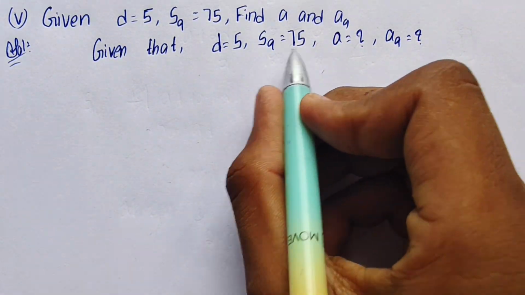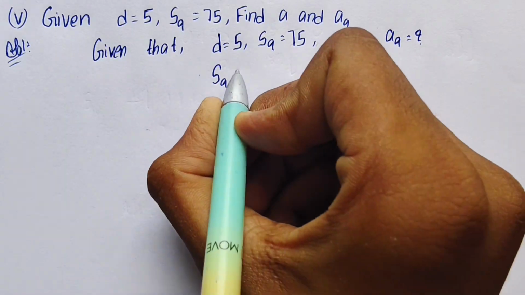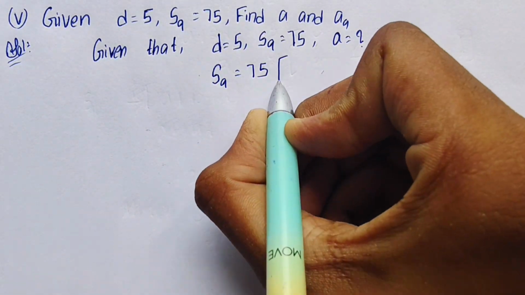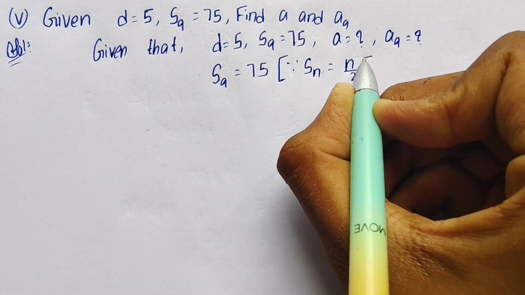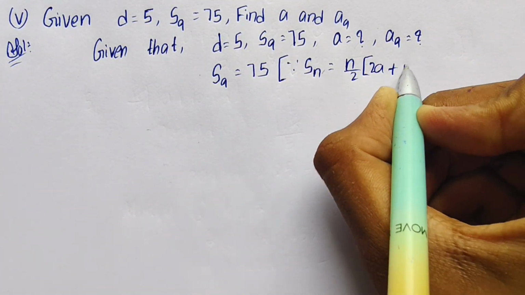First I am taking S base 9 equals 75. We know the formula of S base n to find the sum of n terms: n by 2 into 2a plus n minus 1 into d.